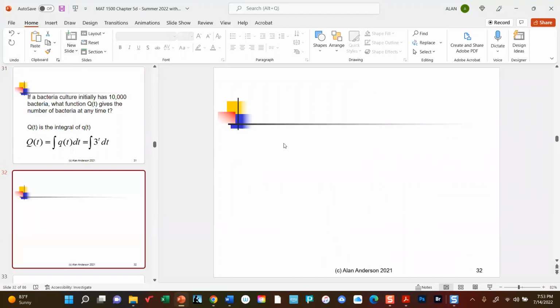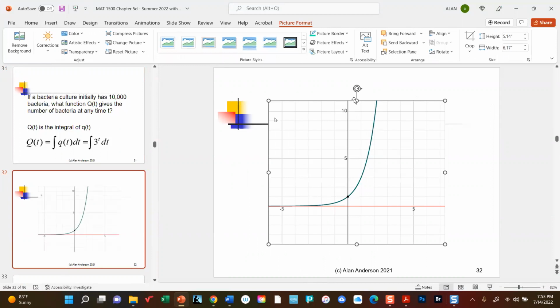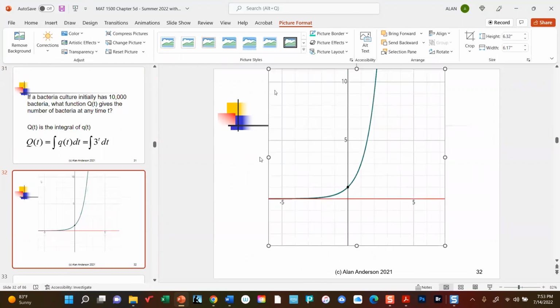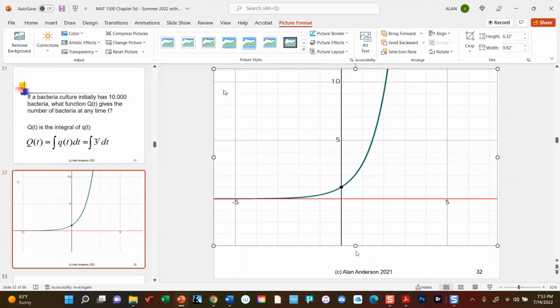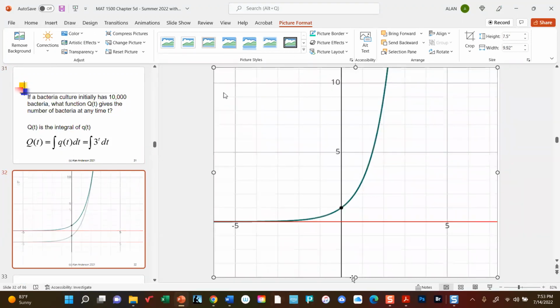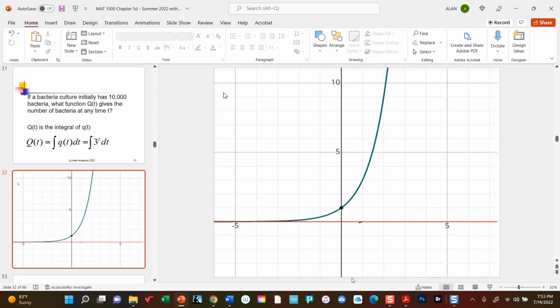What's going to happen is that, oh, I forgot to paste it. The integral over a given range, let's say this is 2.